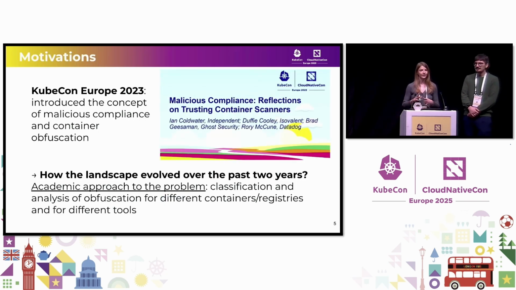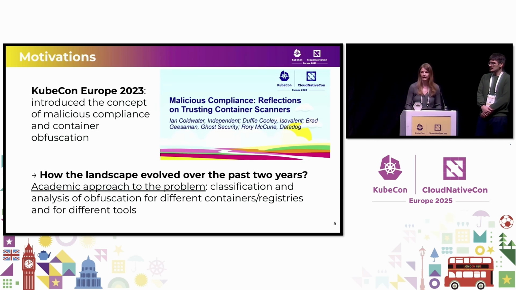Now diving into the content of this talk, which is obfuscation in container images. Why should we care in the first place? Two years ago at KubeCon 2023, a talk introduced the concept of what we call malicious compliance and container obfuscation. Starting from a base container, the presenters progressively introduced some modifications to a Dockerfile and ultimately reduced the number of vulnerabilities that were found by open source tools.